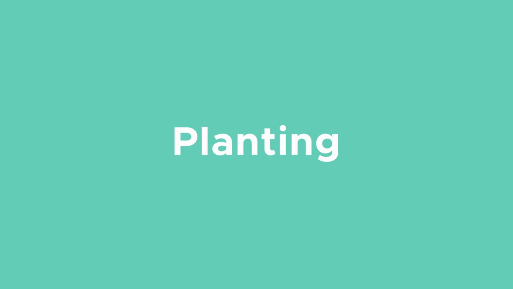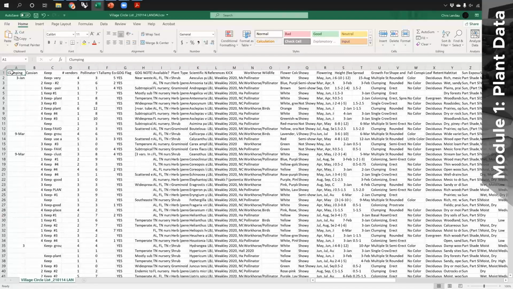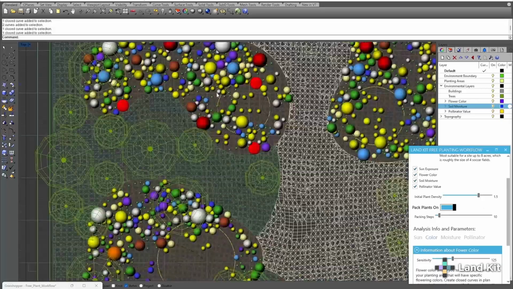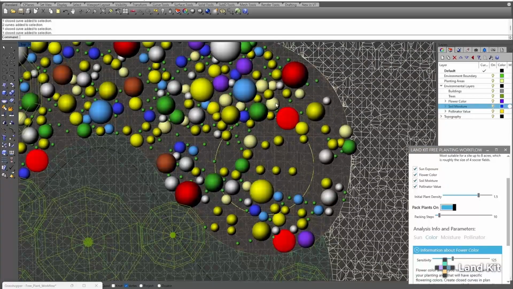Plants have so many needs and require so much consideration of what the existing site conditions are. And often those things are not necessarily ignored, but sometimes missed because of the complexity of that problem. And we're trying to help solve that as well.